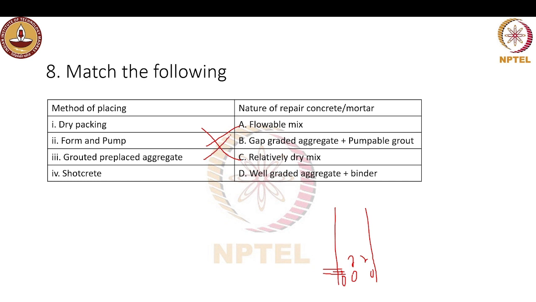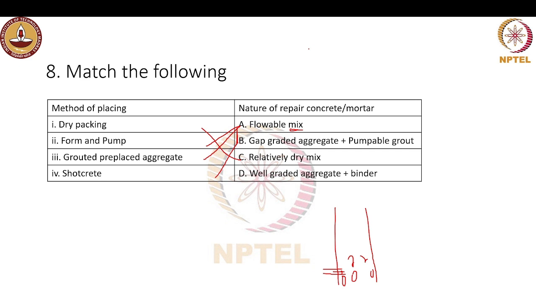Okay. Then what should be the form and pump? And shotcreting is a gap graded aggregate plus pumpable grout. See, if we are talking about mix, what do we actually mean by mix?